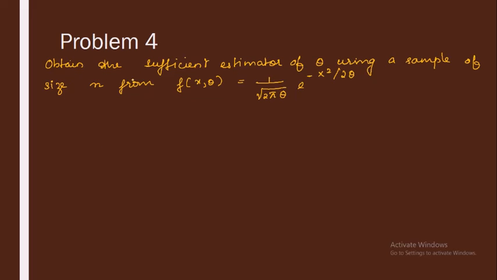Now the next question is, you have to obtain the sufficient estimator of theta using a sample of size n from the density function. The density function is given, and it is what? f of x, theta is equal to 1 by root 2 pi, e raised to minus x square divided by 2 theta.